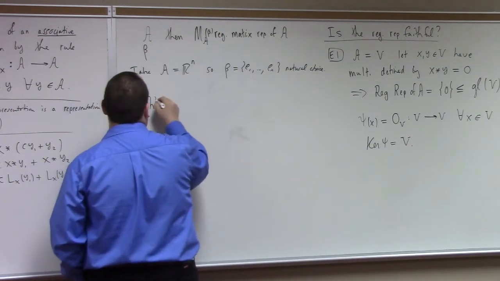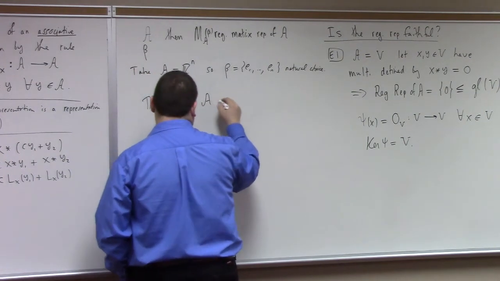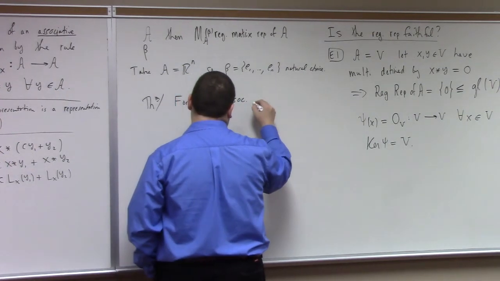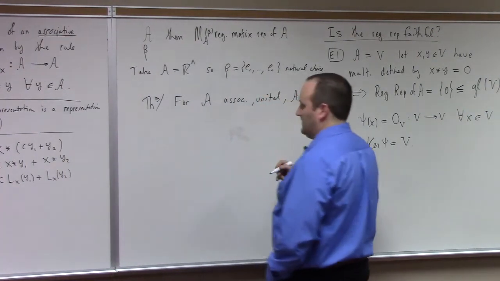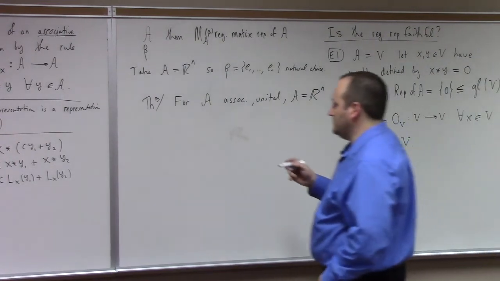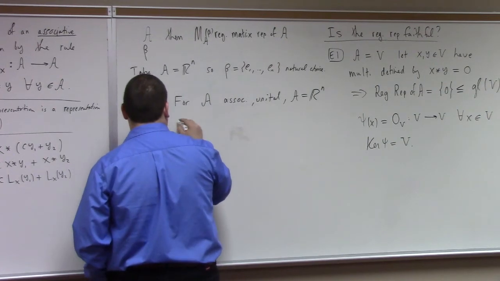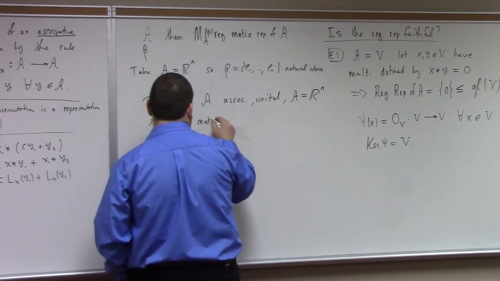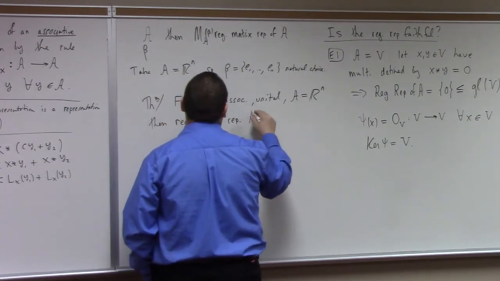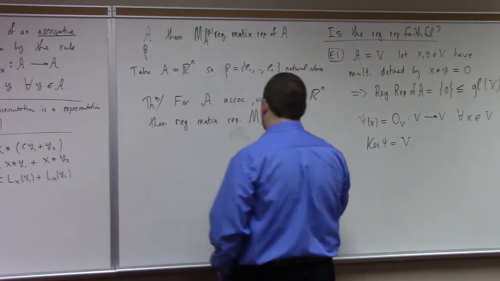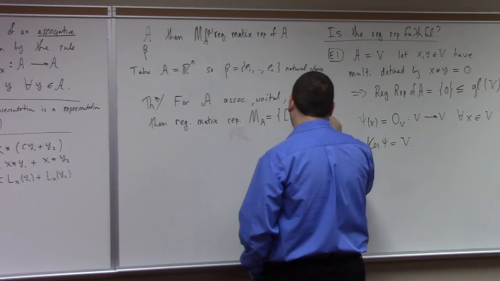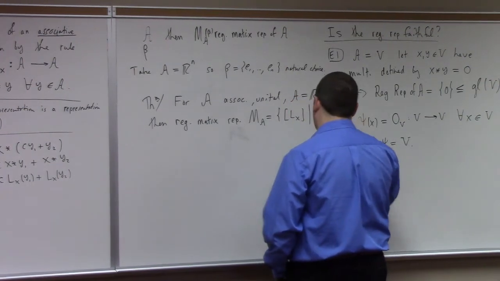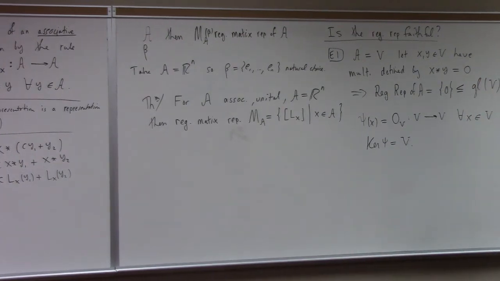So, theorem: for an associative unital algebra, and let's just keep things simple, A equals R^n as a point set, the regular matrix representation M sub A, which I'm going to define to be matrices of the following form, the matrix of L of x such that x is in A. My claim is that that forms a representation, where my L sub x is still left multiplication by x, right?